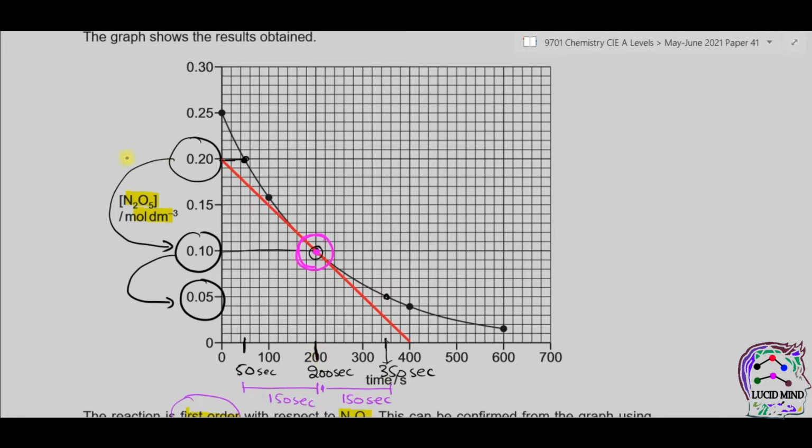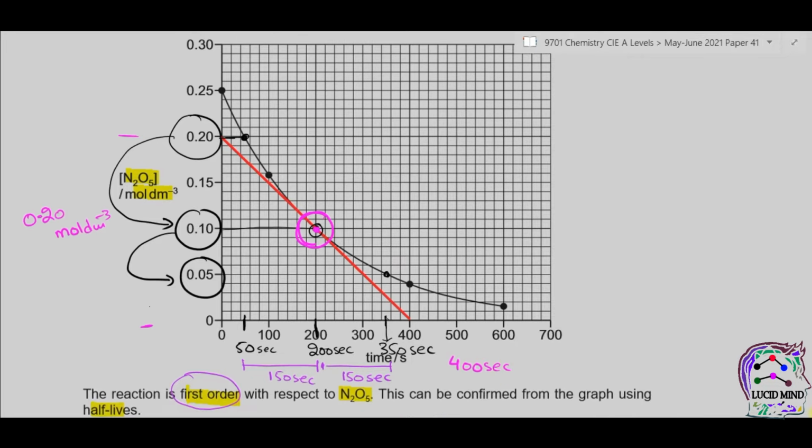Now we can find the change in concentration. It is 0.20 and 0. So the change in concentration is 0.20 mole per decimeter cube. On the x-axis we have time and we can see that it goes from 0 to 400. So therefore this is 400 seconds. Now we can use these values to find out the rate of reaction.